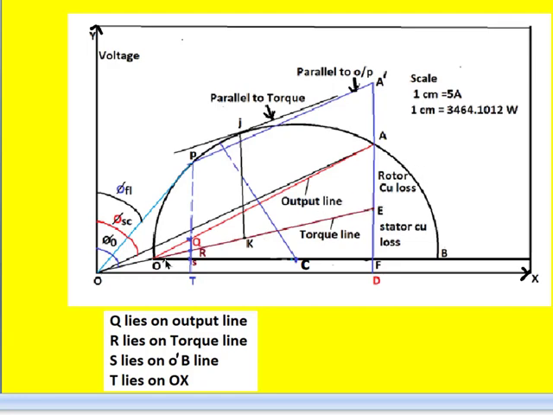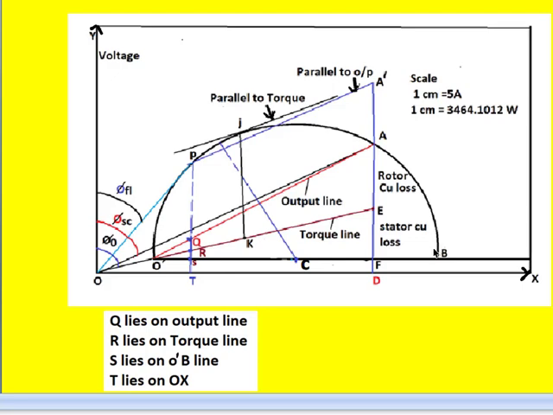Now bisect this O dash A so that it cuts the line O dash B, which is parallel to the x-axis, at a point called C like this. Now with O dash C as radius and with C as center, draw a semicircle like this.